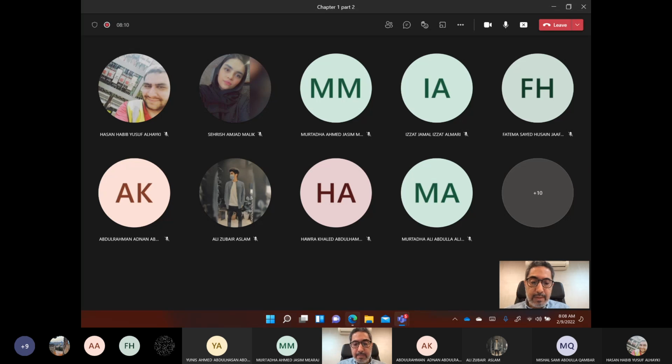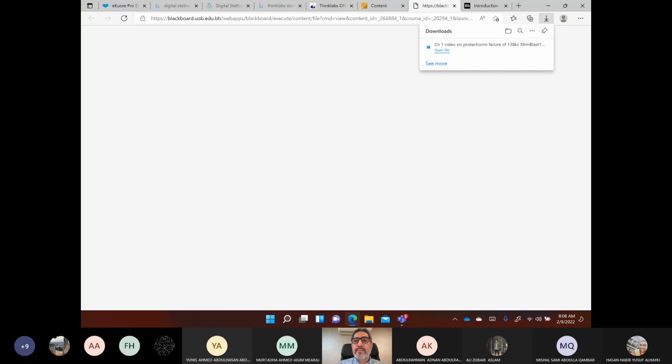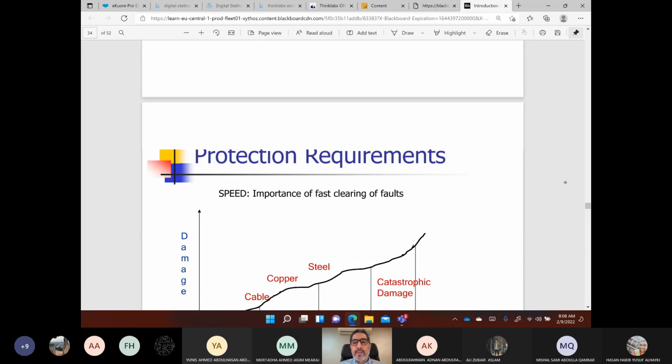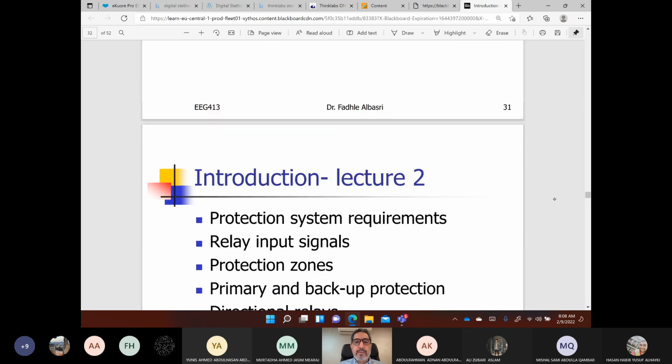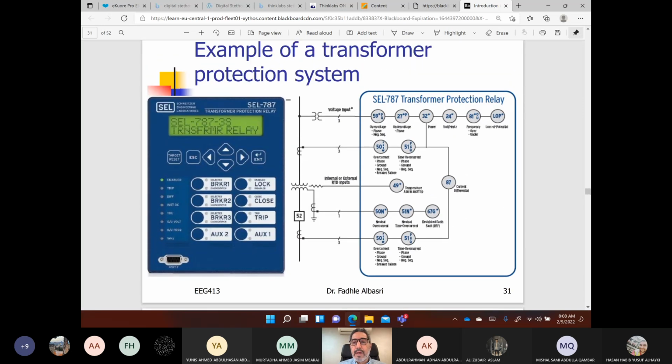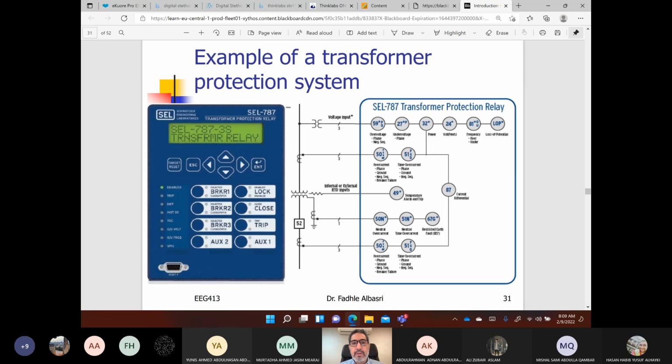Today, the plan is to discuss the other part of this lecture. Before I get to it, I have mentioned we have different ways to detect faults, right? Can you mention to me one criterion based on which we can detect a fault?